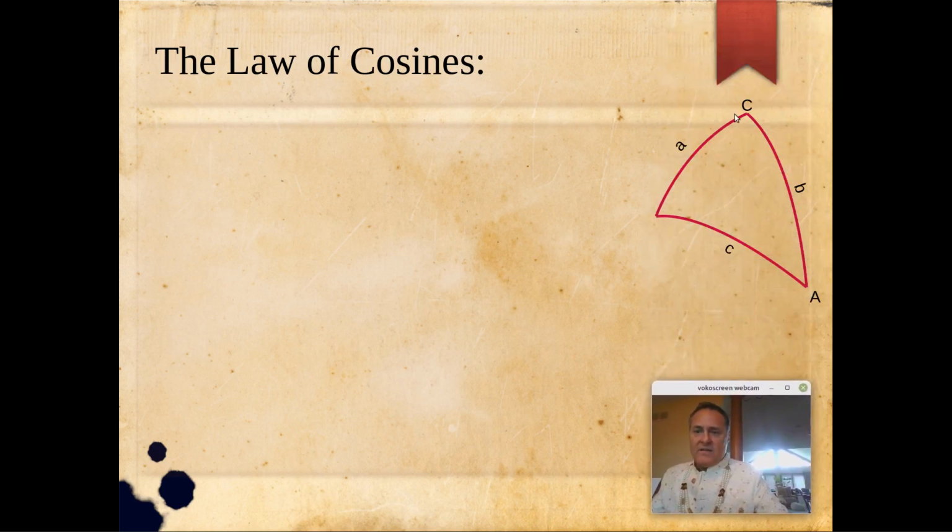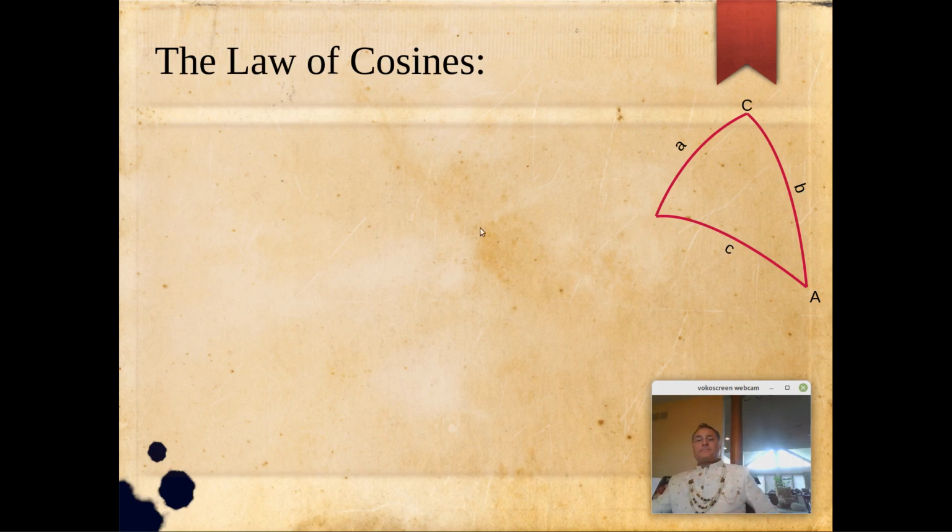So we have, in a more general sense, in geometry, we name the angles of a triangle with capital letters, and the side opposite gets the lowercase. So if this is A, then this is little a. If this is angle C, this is little c. And if this is B, this would be little b.